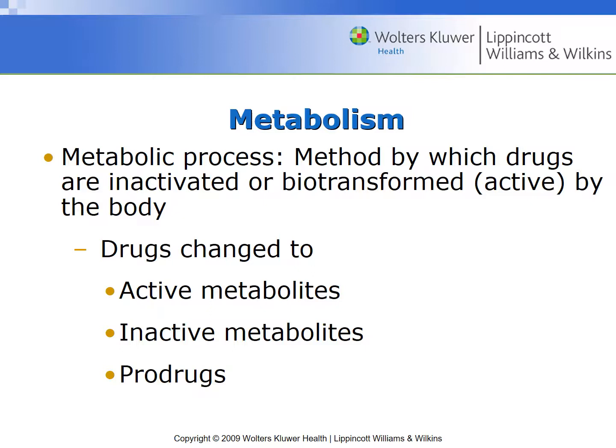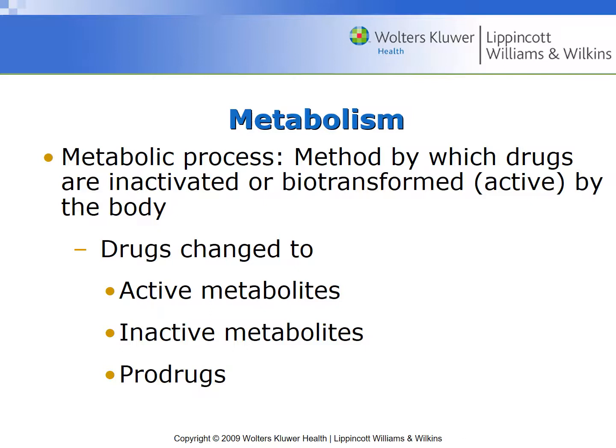And if a person has issues with the liver, because the liver is our main place where medicines are metabolized, then we can have issues with a slowing of metabolism of the drugs. We can have a buildup of those active and inactive metabolites, and they can be harmful.